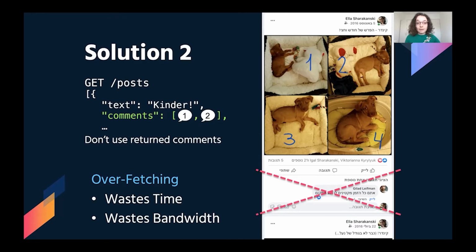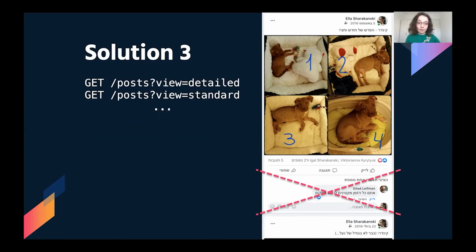And it wastes time because the backend has to calculate the top comments of each post, and then you just don't use it. And it wastes bandwidth because you are sending these comments to the client, and the client doesn't need them. It can even waste your client money because some clients pay for the bandwidth. So, solution number 3.